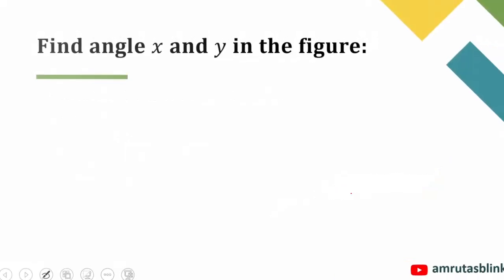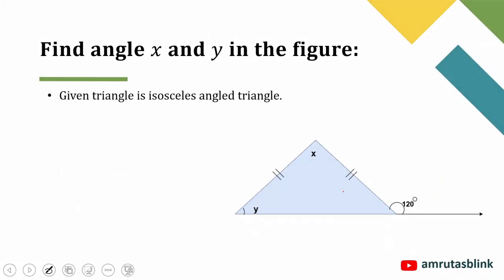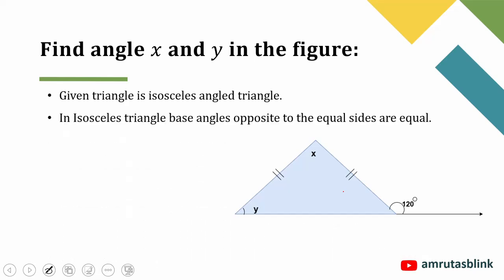Find angle x and y in the figure. Given triangle is isosceles triangle. In isosceles triangle, base angles opposite to equal sides are equal. Now let's say apex angle is x, exterior angle is 120 degree. Let's say respective angle to 120 degree is z.